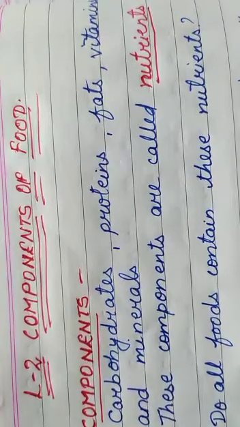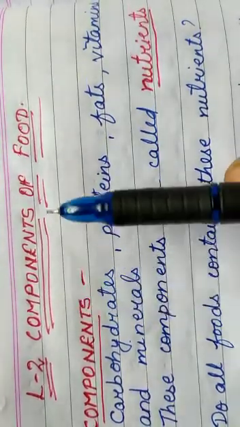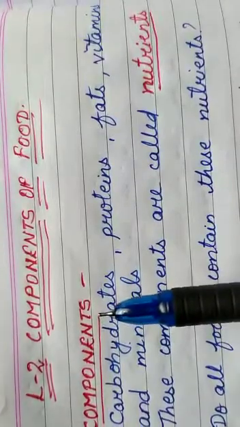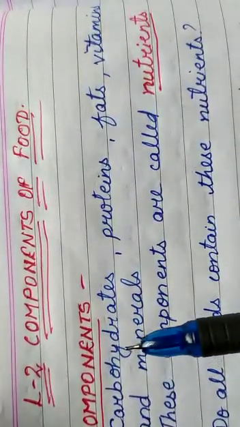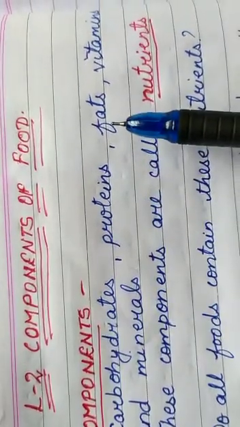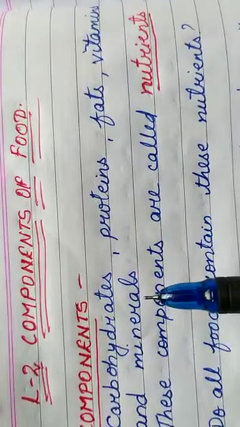Today, I am back with the second chapter of your science book, that is Components of Food. Now, what are components? Components of food include carbohydrates, proteins, fats, vitamins, and minerals.